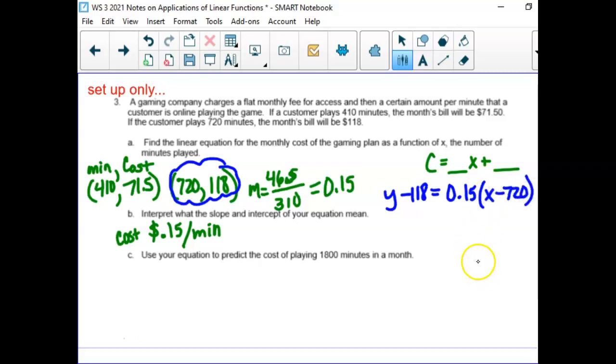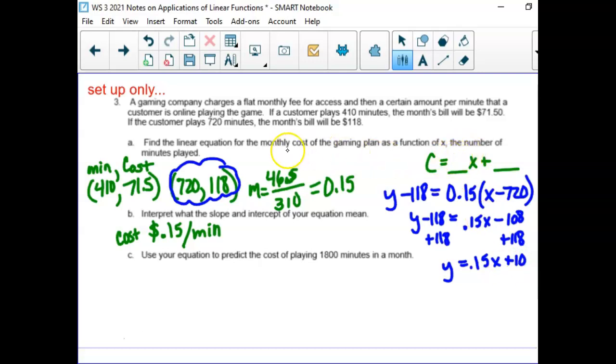Can you fiddle around with that and get it in the right form? Did anybody else get a 10? Just for the intercept? Okay.